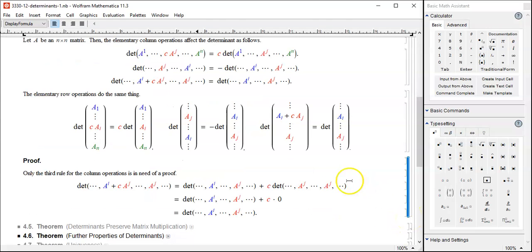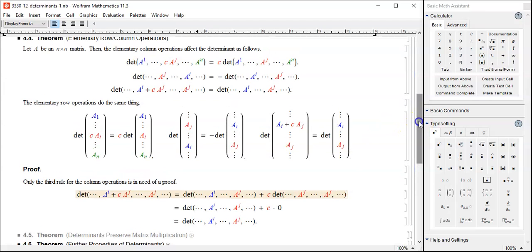How do you do that? It's easy. First, separate this one using the multilinearity. This is a linear combination, a plus c times that. Now we have two identical columns. Two identical columns, that determinant is always 0. So we have c times 0 here.